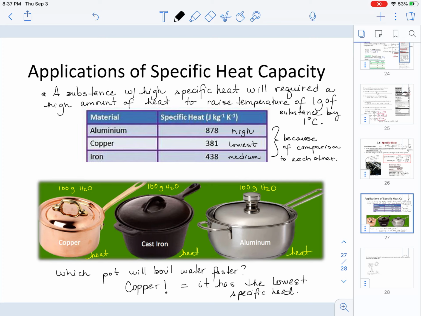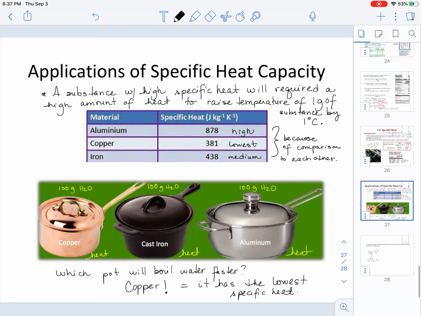So what does this mean? If you apply the same amount of energy to these three, because copper has the lowest specific heat, it will get hottest the fastest, meaning that the energy will go from the pot to the water and it will boil fastest out of the three.